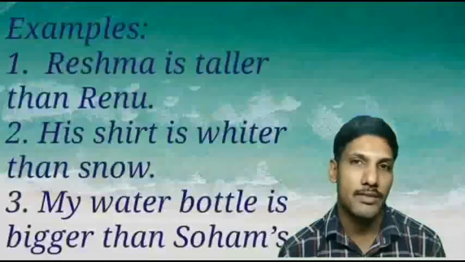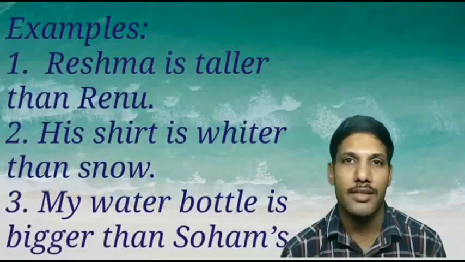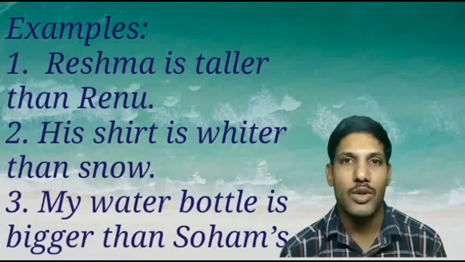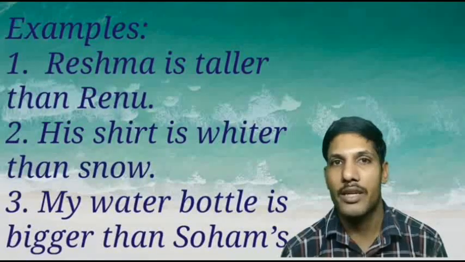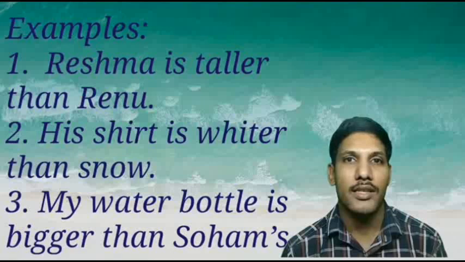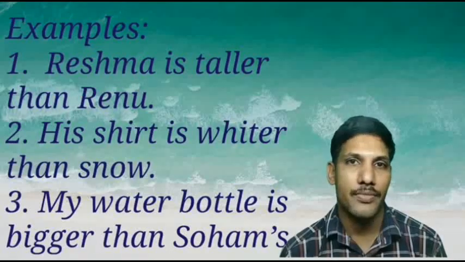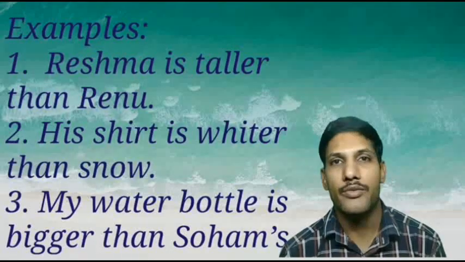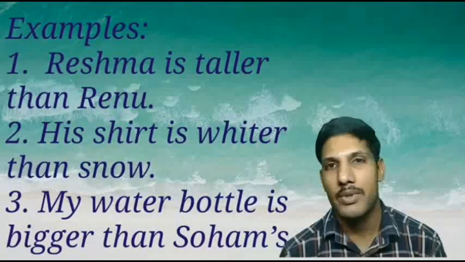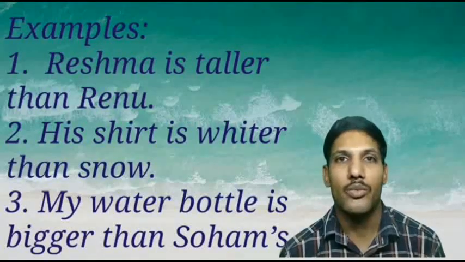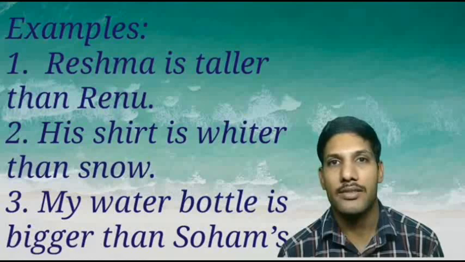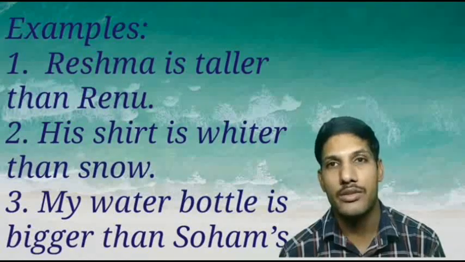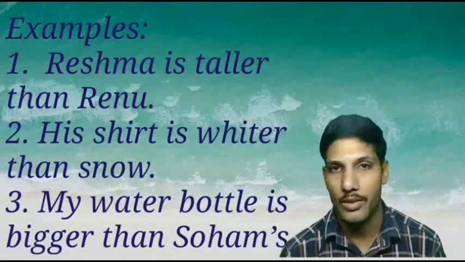Let's see some examples. The first one is Reshma is taller than Renu. In this example, the height is compared. Here, we are informed that Reshma is taller, or we can say Reshma's height is greater than that of Renu.